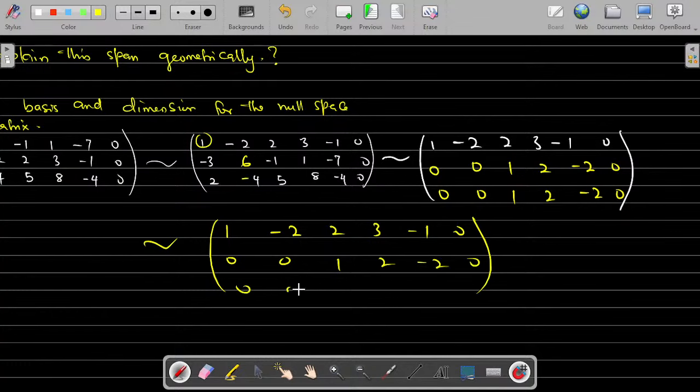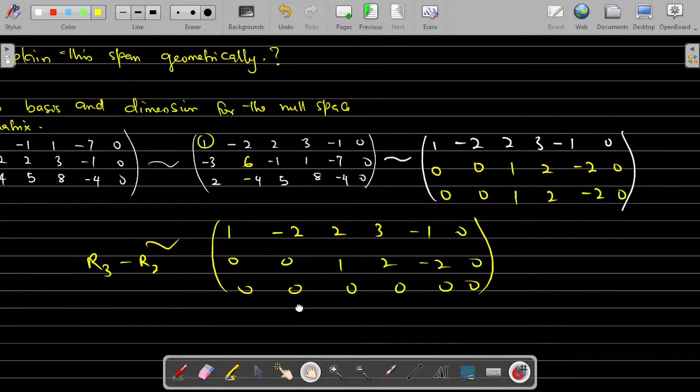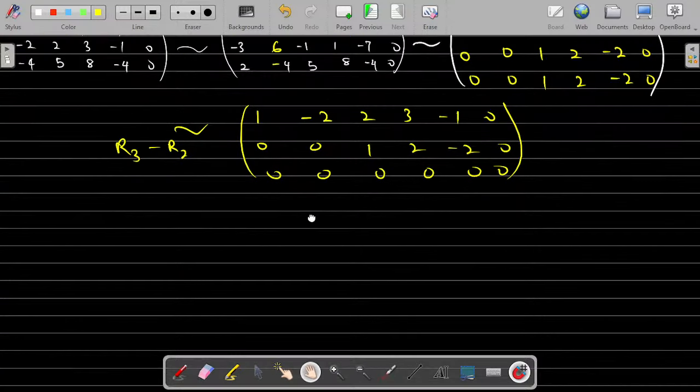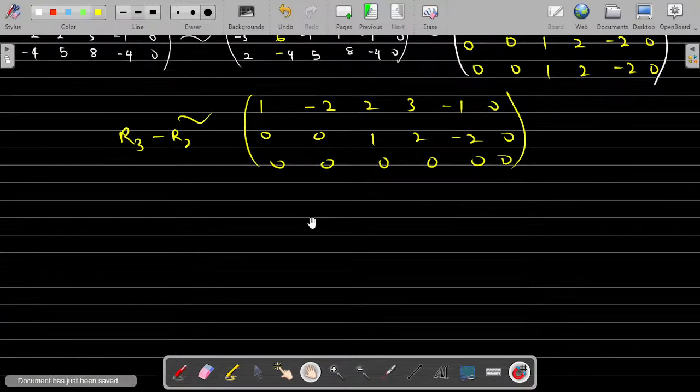And so everything here will be 0, 0. Remember, you are transforming with R3 minus R2. Because actually your intention is to make here 0, but you will end up eliminating everything in your row 3.